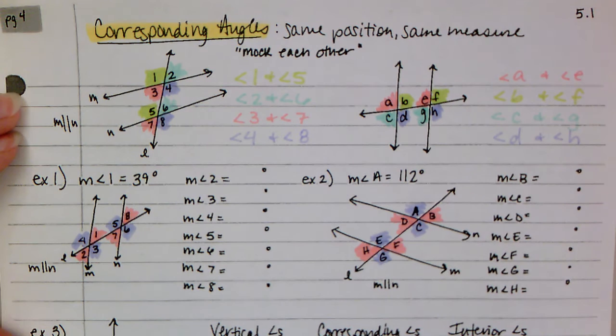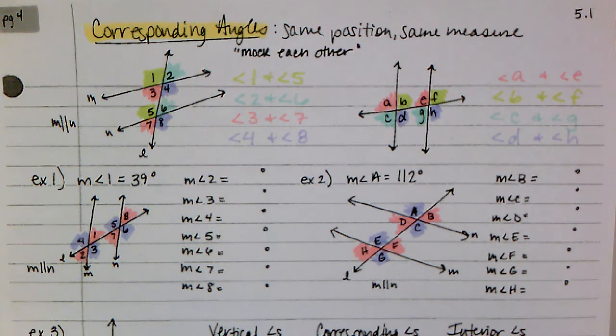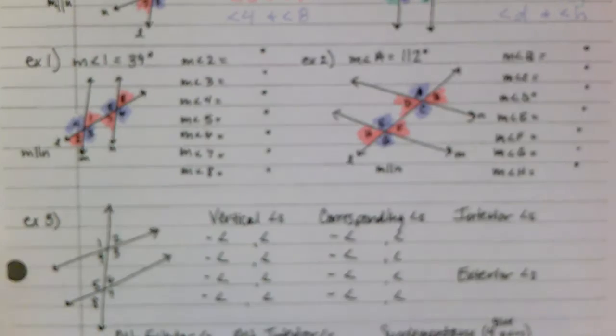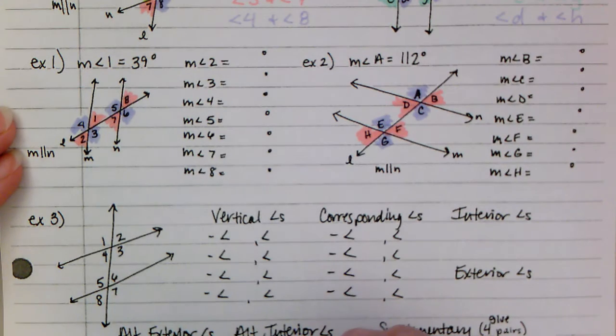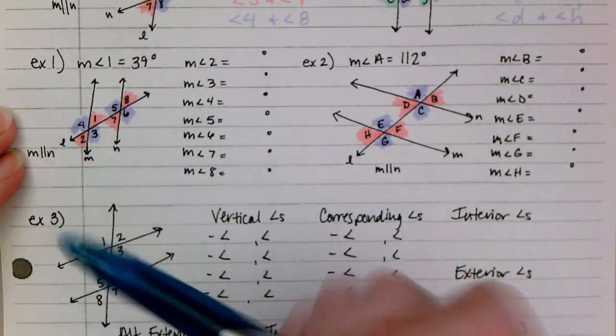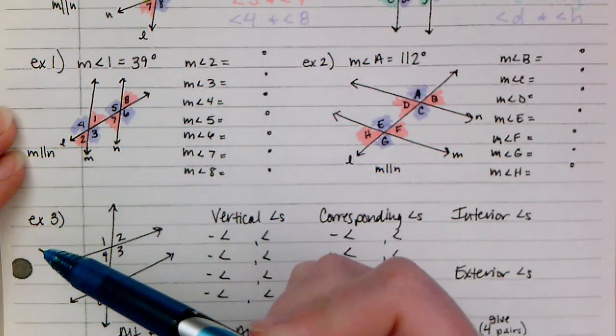One thing that's true about alternate interior, alternate exterior, as well as corresponding angles is all of those pairs share the same measurement. Now, because of these definitions, I can do some math to figure out the measurement of all of the angles here. In a set of parallel lines crossed by a transversal, you have two different angle measurements.